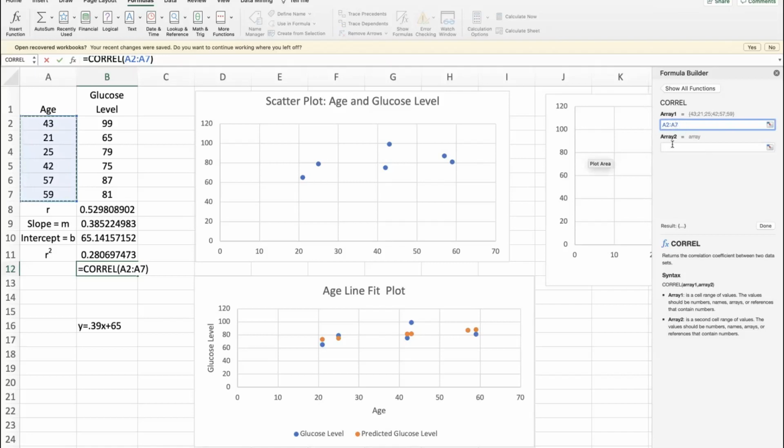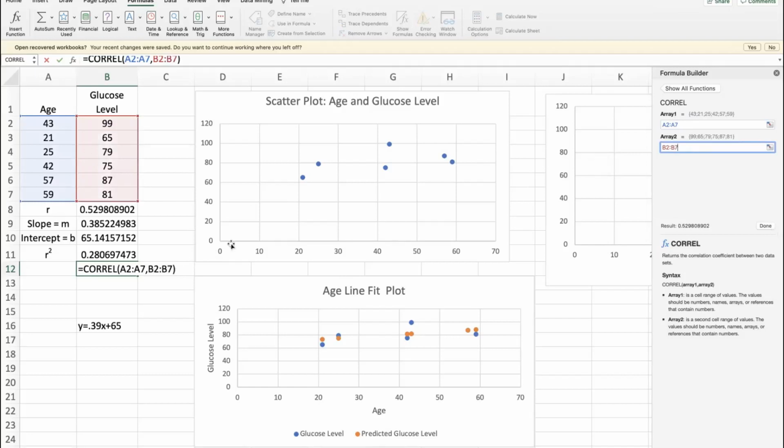So I'll do it on the second array. So there. So instead of highlighting, I'll use the writing. No? So since I want these values from B2, because column B, so B2 colon. Colon means it's like the dragging, you have to drag it up to here. So B7. So there, so you notice also highlighted now. And then I can just do done.